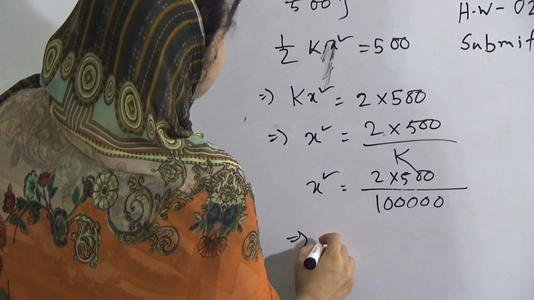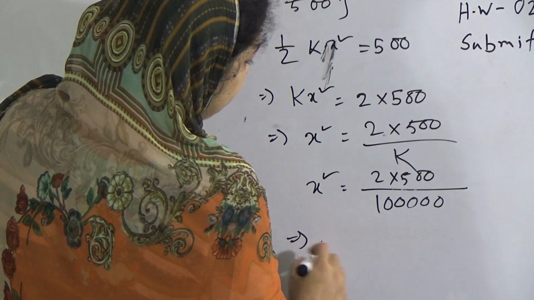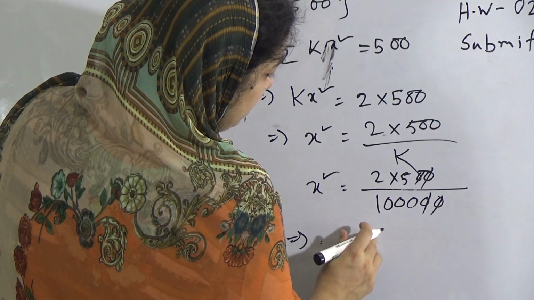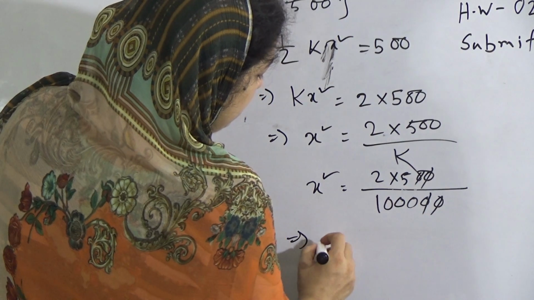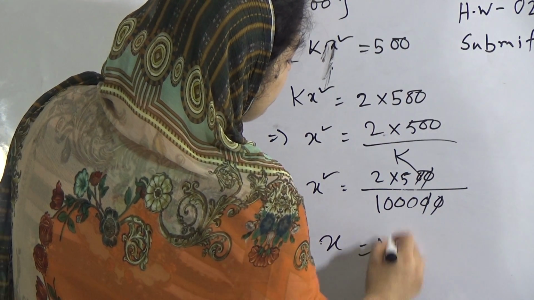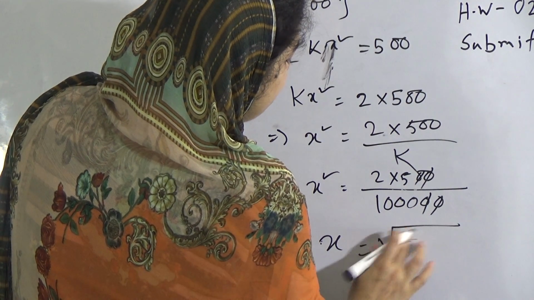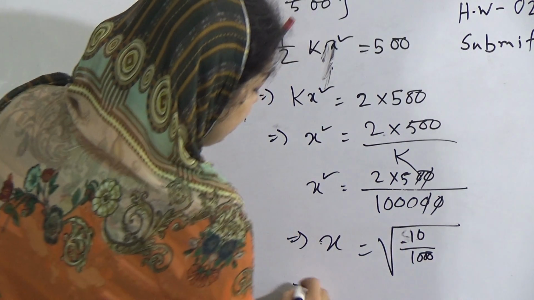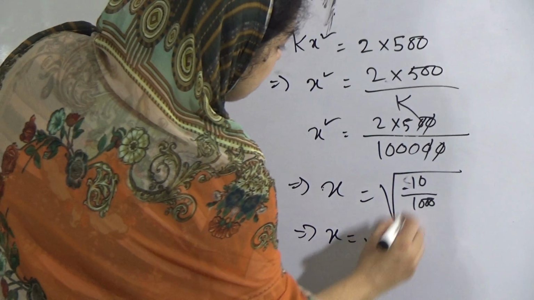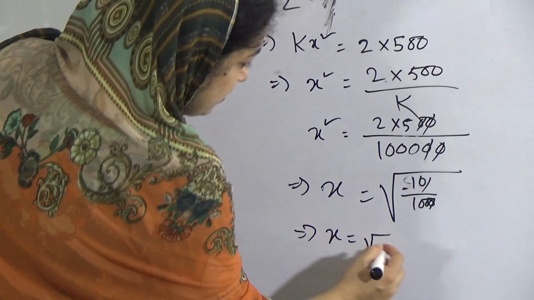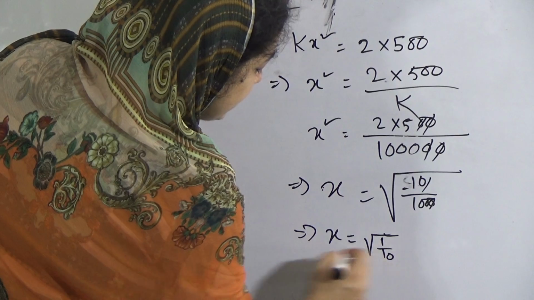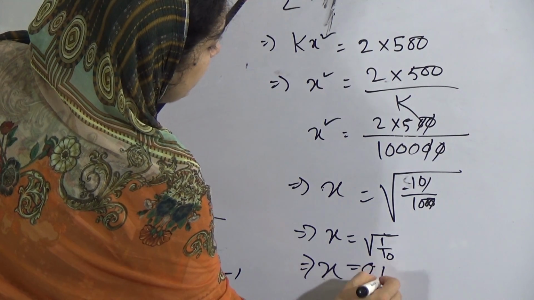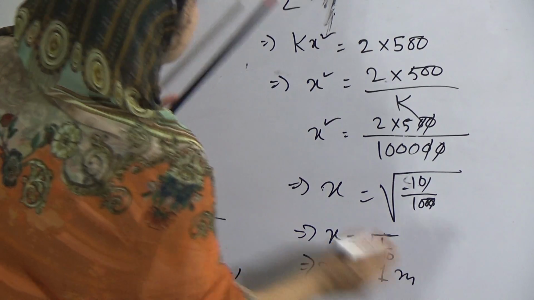So what is the value of x? It will be the root over 2 into 500, that means 1000 divided by 1 lakh, so x is the root over 1 divided by 100, that means the value of x will be 0.1 meter.